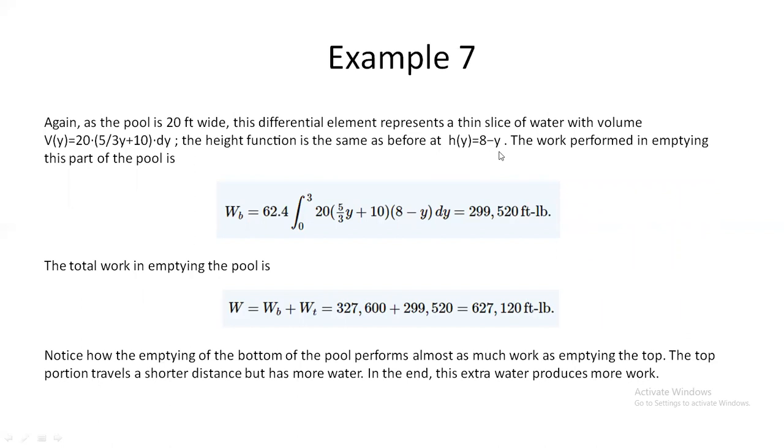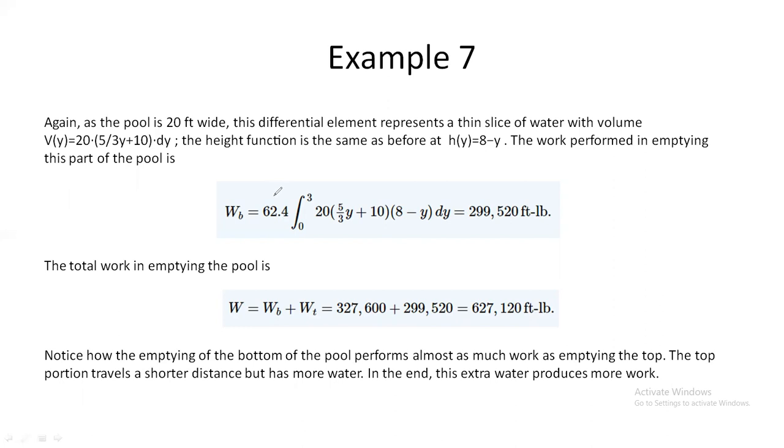Because your differential element would really be represented in terms of its location from the bottom of the pool as y. And since the total distance in which your water is to be pumped out of the pool would be 8, the displacement is 8 minus y. So you have here 8 minus y.